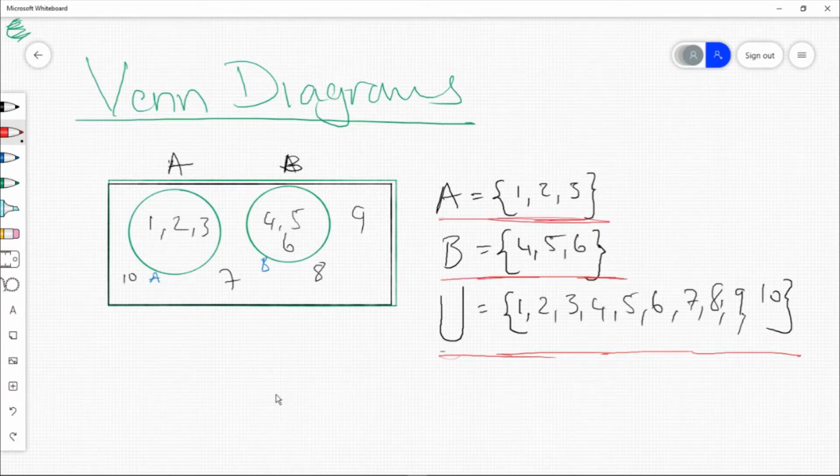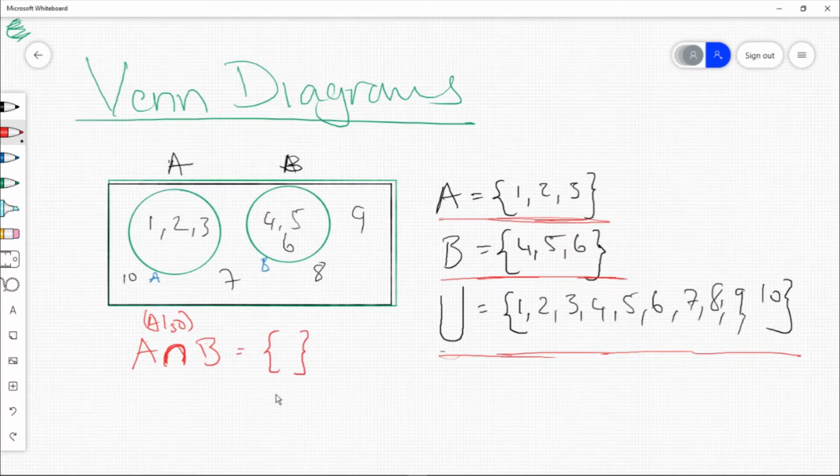Now if we are trying to find the intersect, you remember what we did? A intersect B. Remember this symbol is intersect, and it means elements that are in A that are also in B. What we find is that there are no elements in A that are also in B, so the set is empty.